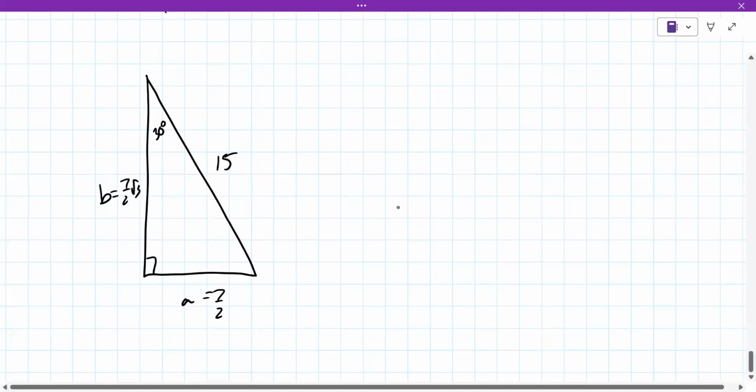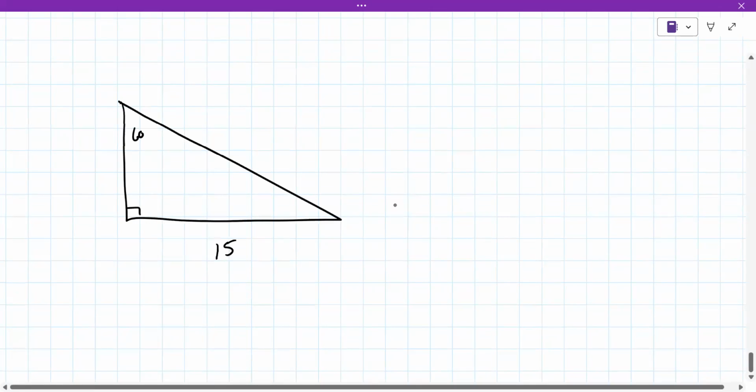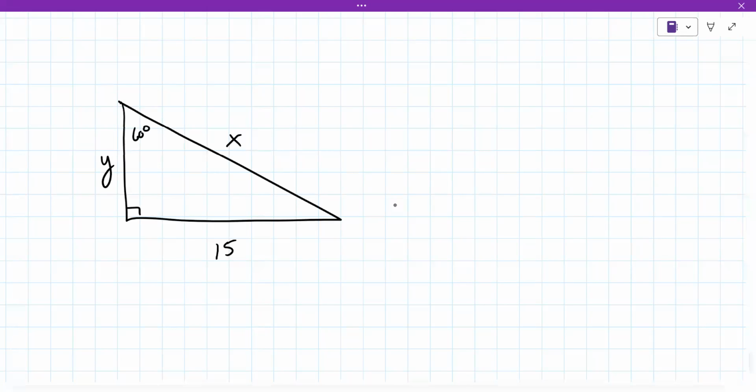Okay. So then the other challenging problem that you might see is where they tell you that this is 15, this is the 60, and they want y and x. It's all about figuring out which one. Here 15 would be the x root 3. That's correct.